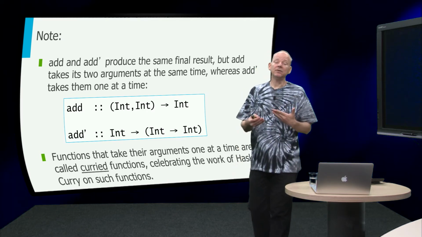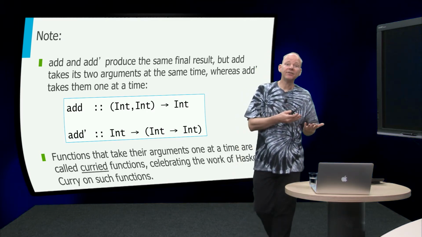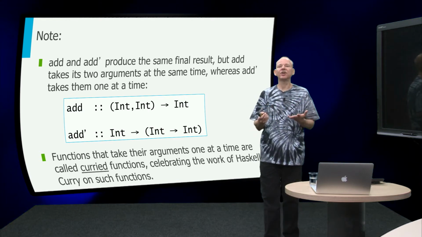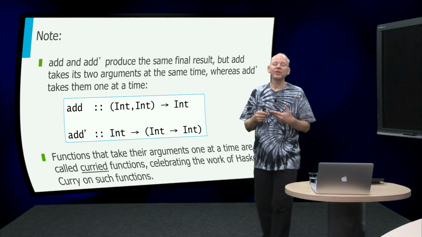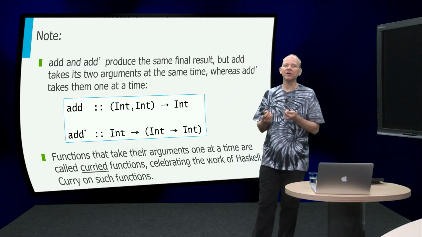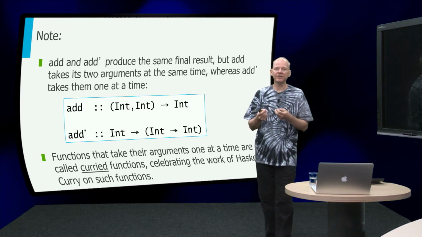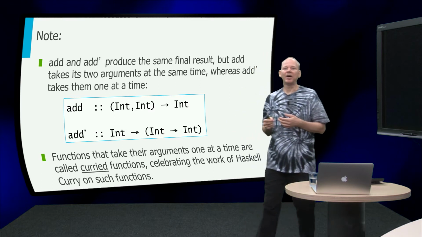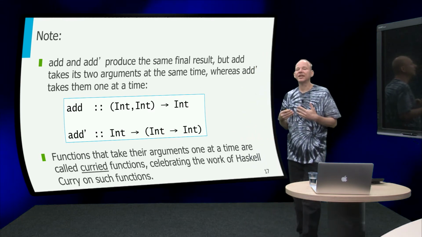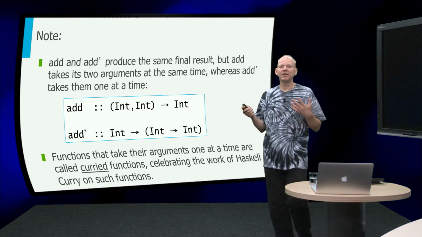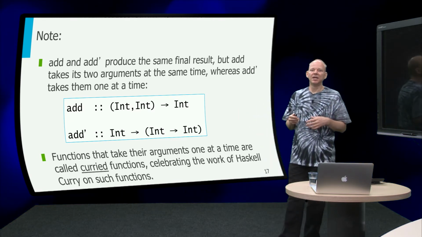Okay? Now, notice that both add and add prime return the same result. But the normal add takes a tuple, so it takes both arguments at the same time, whereas add prime takes the arguments one by one. And functions that take their arguments one by one are called curried functions.